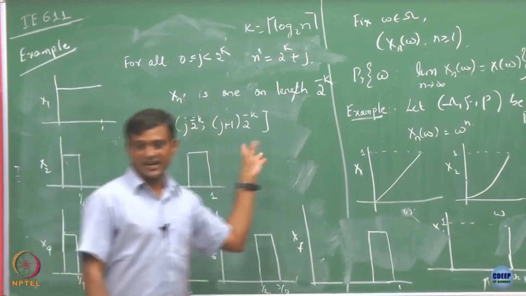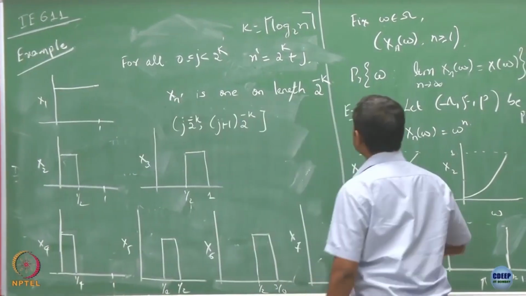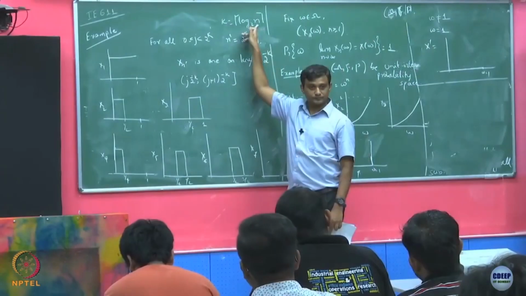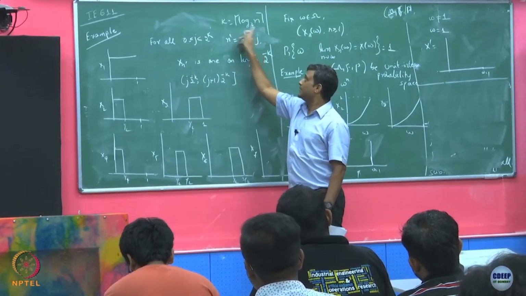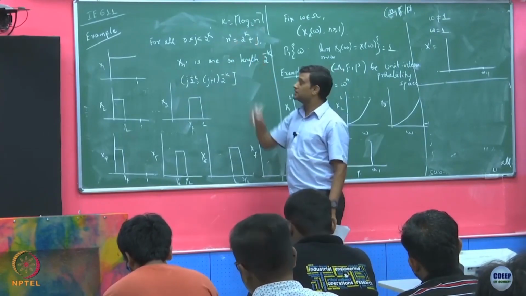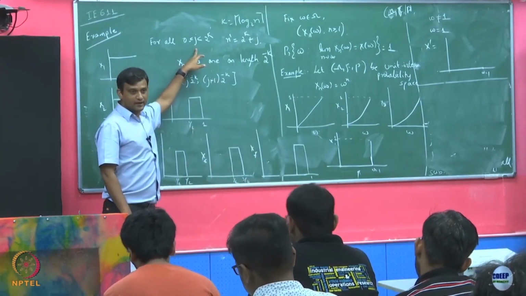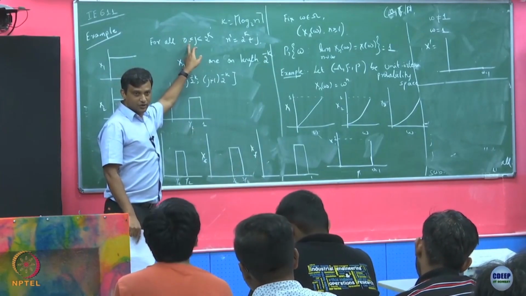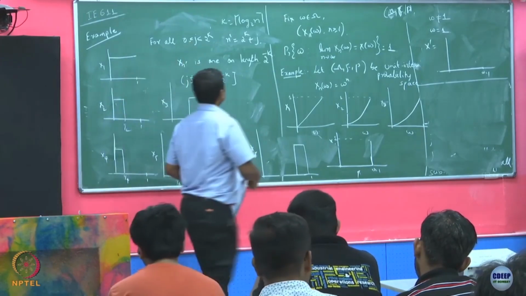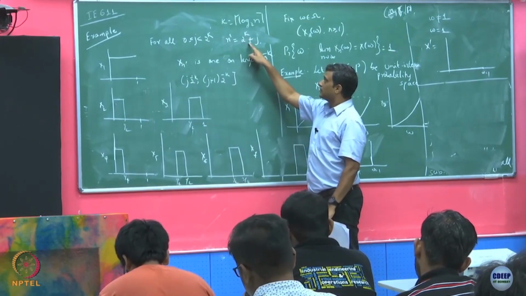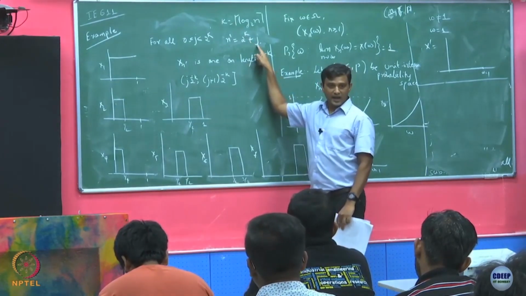This is the generalization, but let's try to understand it for the case n equals 1. So n equals 1, what happens? This k is going to be 0, right? And in that case, what are the possible j's I have? It is only 0, right? Then I have 2 to the power 0, which is 1, and j is 0.